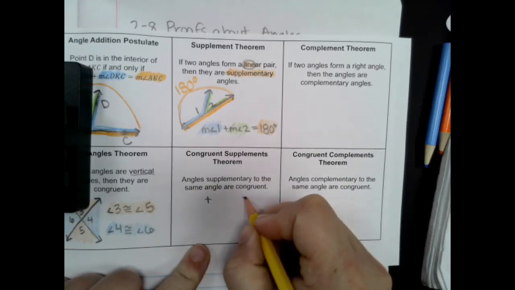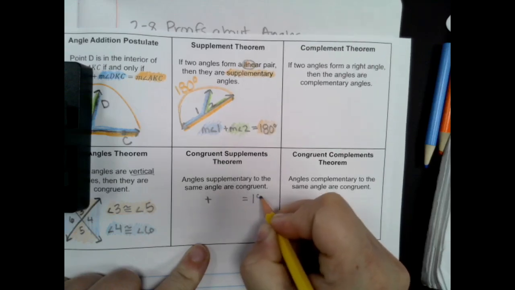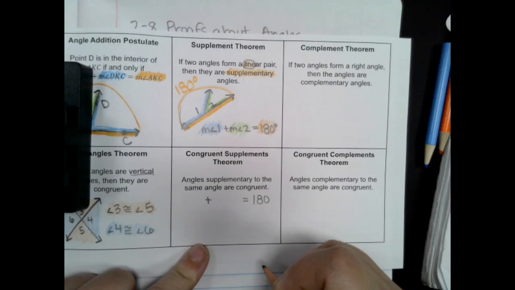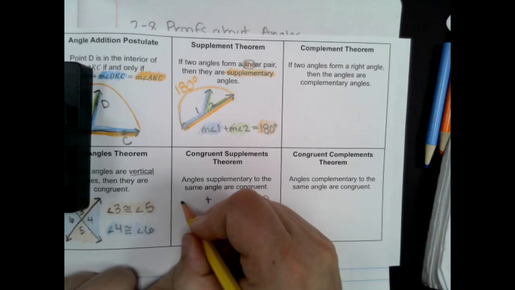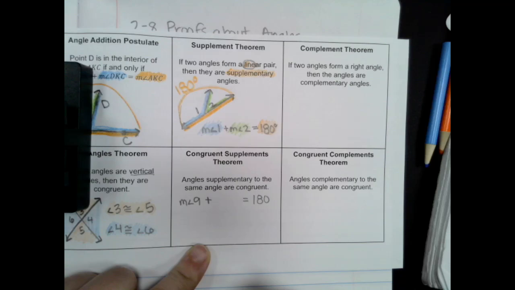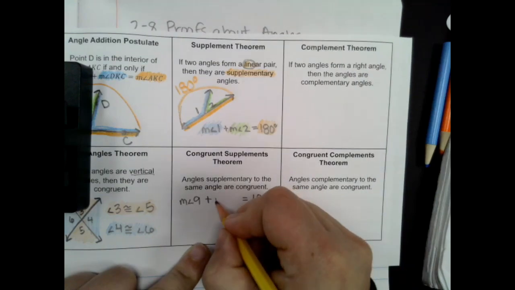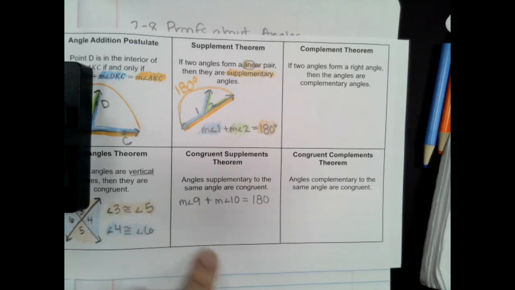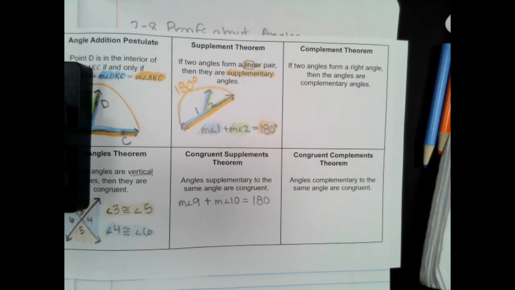All right, so supplementary means that they add up to how much? 180. So we're going to just come up with some random numbers. We're already at 6, so let's go to 9. So measure of angle 9 plus the measure of angle 10. Okay, those equal 180.